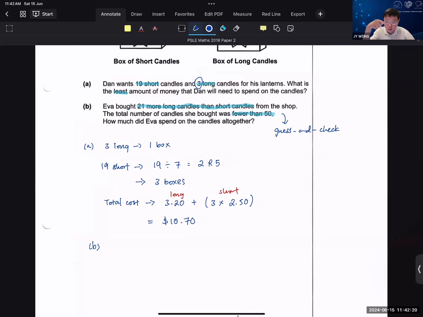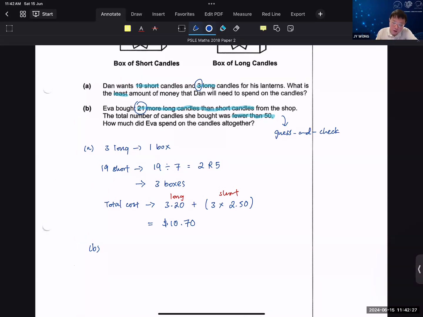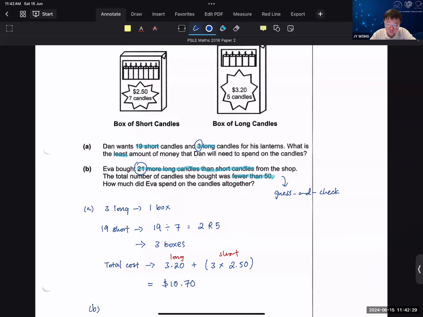She bought 21 more long candles than short candles, yet the total number of candles she bought was fewer than 50. Remember that candles are sold in, for short candles, bundles of 7, for long candles, bundles of 5.